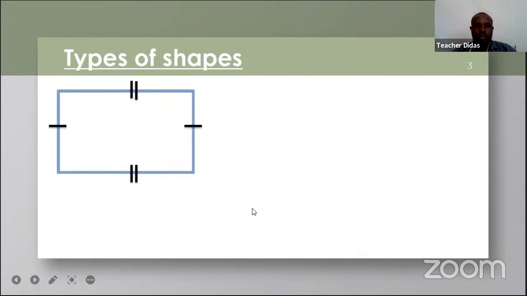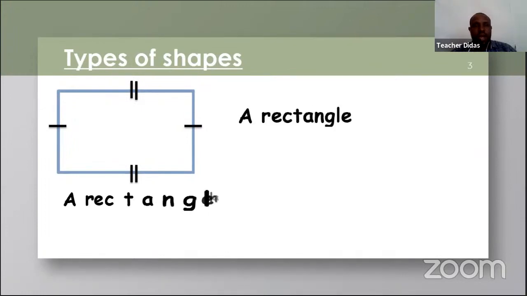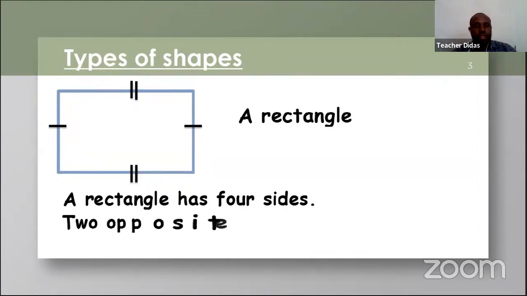So what was missing was the word opposite. So we say this is a rectangle. That's a rectangle, and a rectangle has four sides. That's the first thing. Then the two opposite sides are equal. Okay, so those are the two properties of a rectangle.